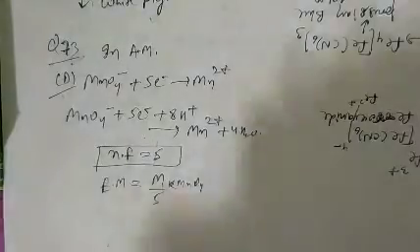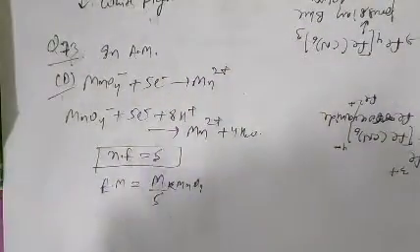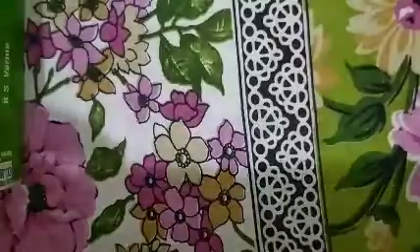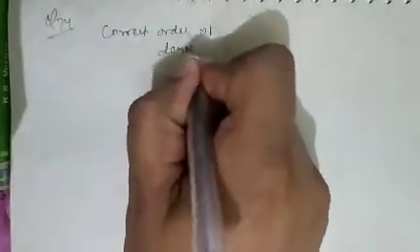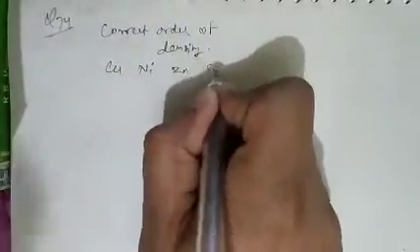See question number 74. The question is the correct order of density for copper, nickel, zinc and scandium.